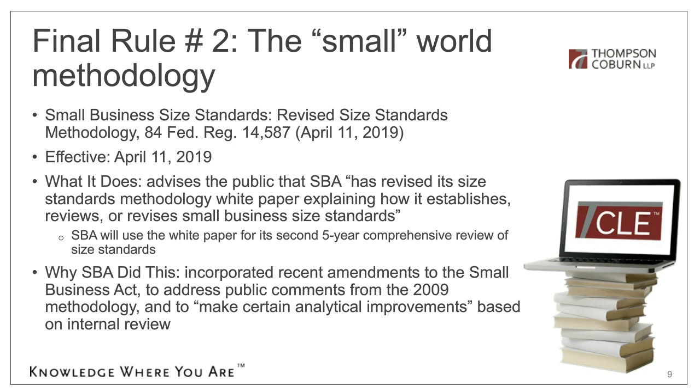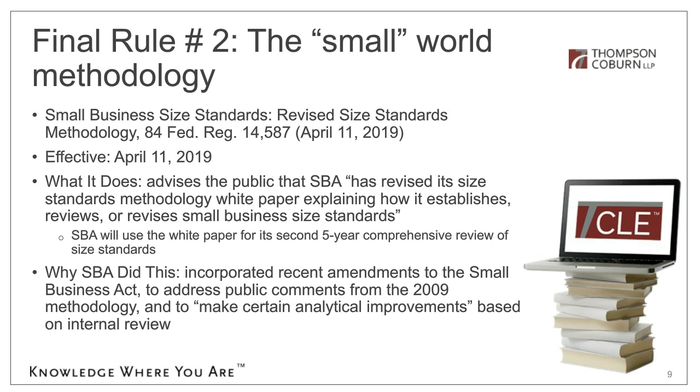So this rule was issued by SBA in April of 2019 and became effective immediately. And all this rule really did was advise the public that SBA had looked at and revised its methodology white paper for explaining how it establishes, reviews, or revises its size standards.